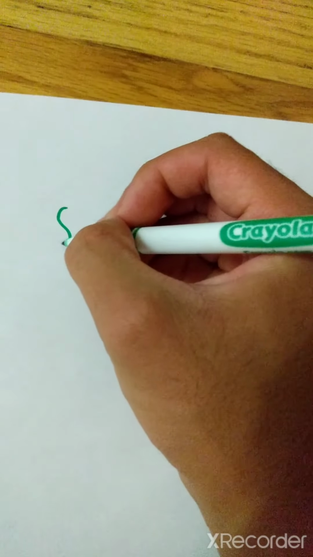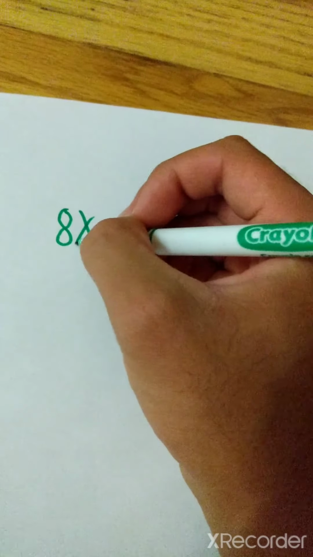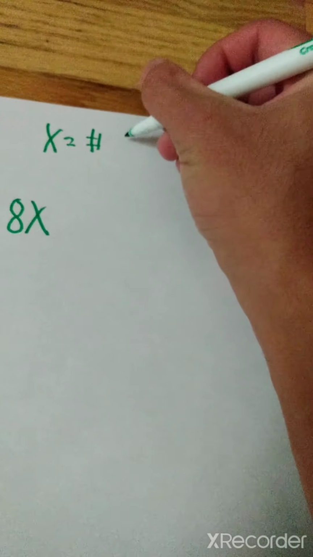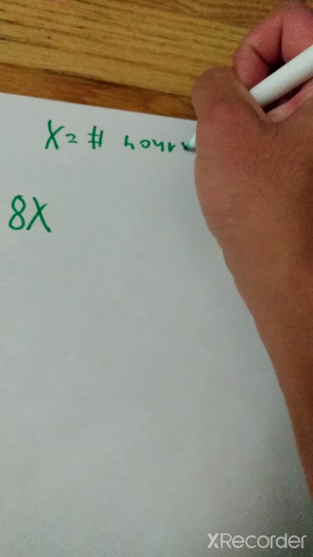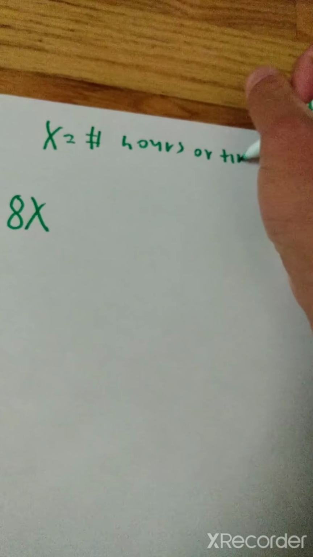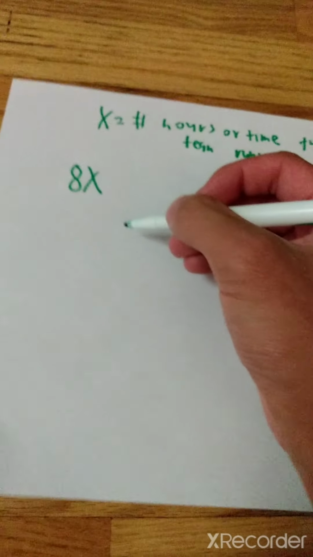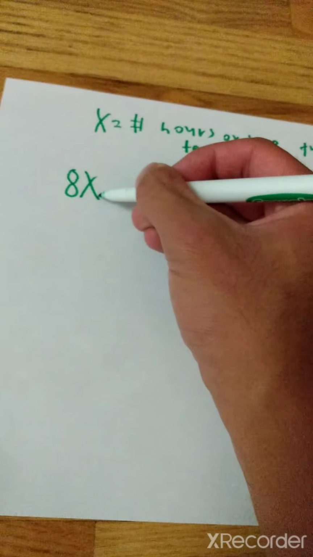So we're going to write 8x, and what x is going to represent is the number of hours, or time, the varsity team runs. So we have 8x as 8 miles an hour.